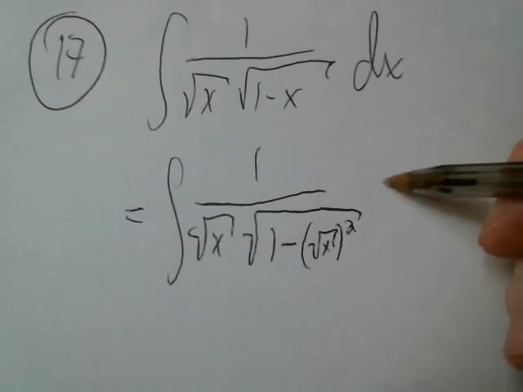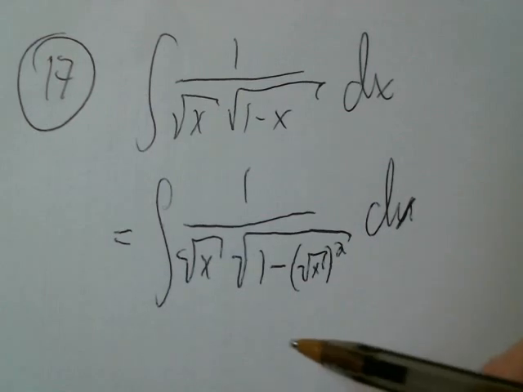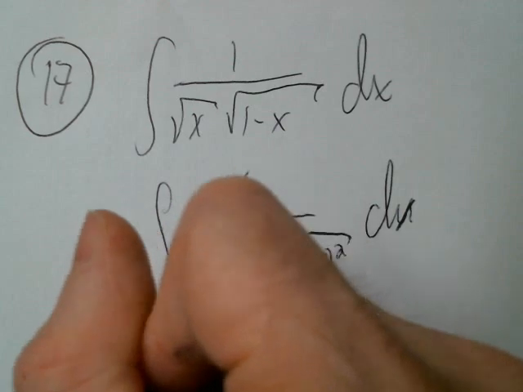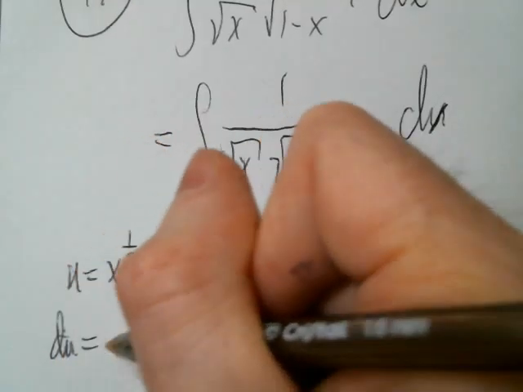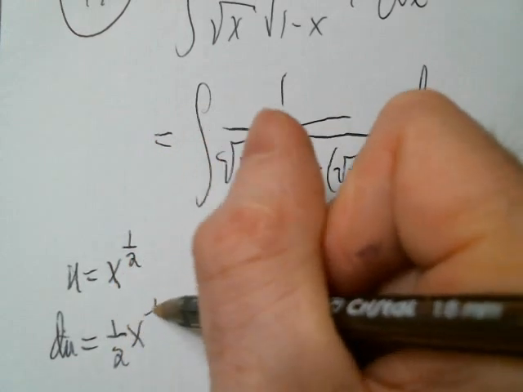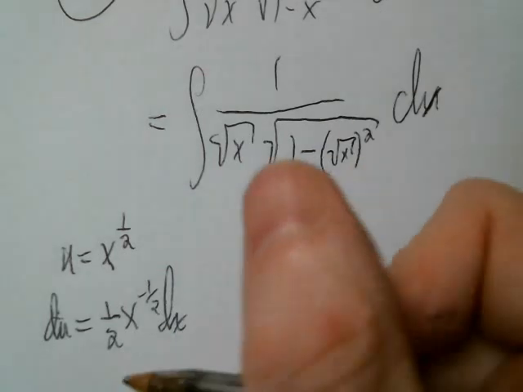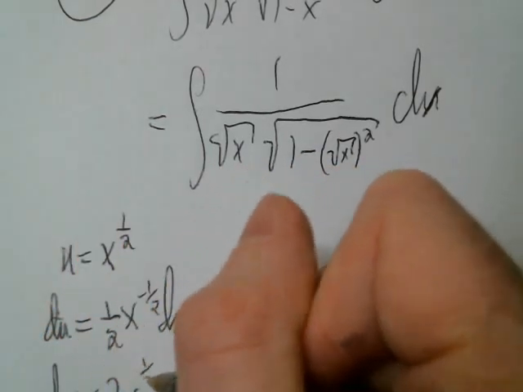And then I can do my u sub for that thing, and it'll get into, hopefully, the form 1 over square root of 1 minus u squared, right? So if you let u equal the square root of x, which is x to the 1/2, the differential du is 1/2 x to the negative 1/2 dx, and then multiply both sides by 2x to the 1/2, and you get dx is equal to 2x to the 1/2 du.